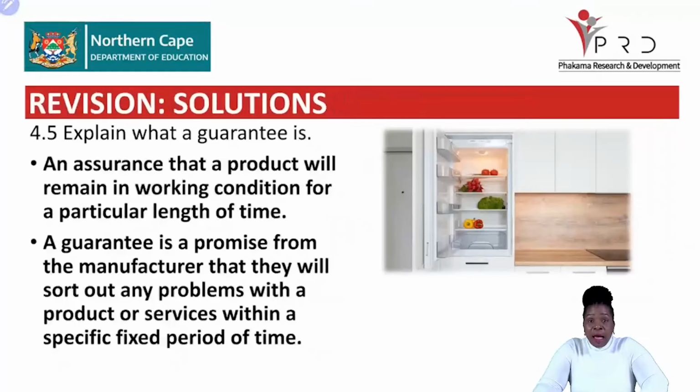Welcome back, Lena. Our 4.5 reads, explain what a guarantee is. Every time when we buy bigger items from the shops, we usually ask for a guarantee in case the item breaks down, in case the refrigerator gets to Lindy's home and it doesn't work.